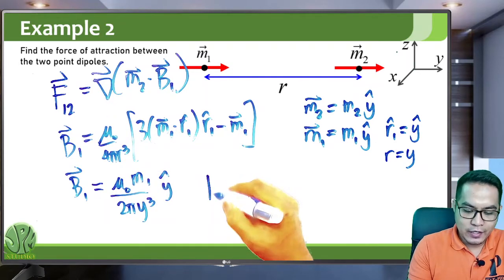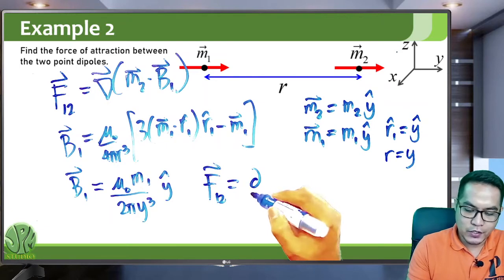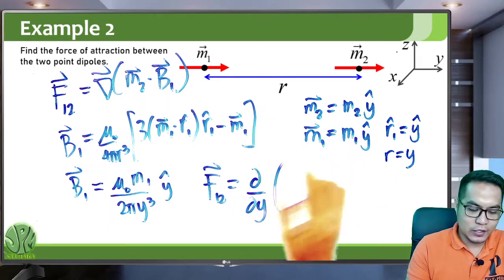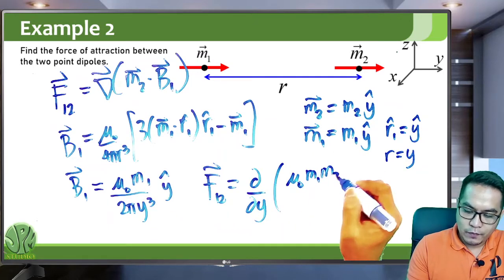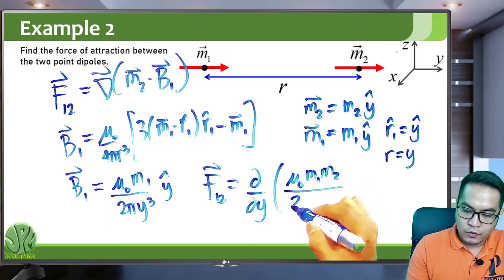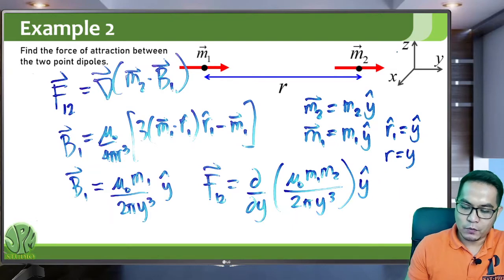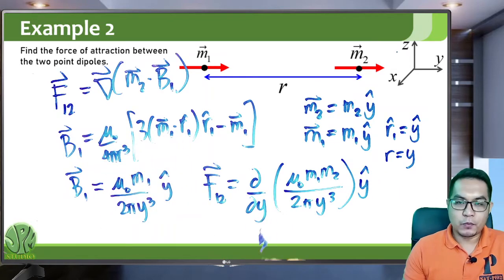So F12 will be the gradient. In this case, it's the partial with respect to y of M2 dot B1. If you dot these two, you will get mu naught M1 M2 over 2 pi y cubed, and this is just the y component, so y hat. For the gradient operator, only the y component will survive.